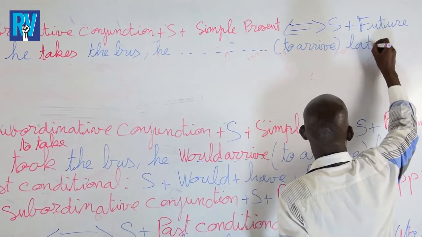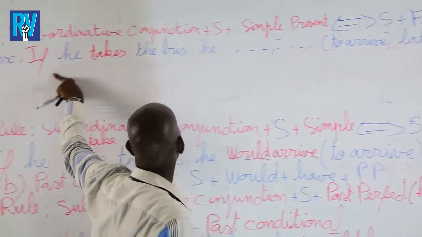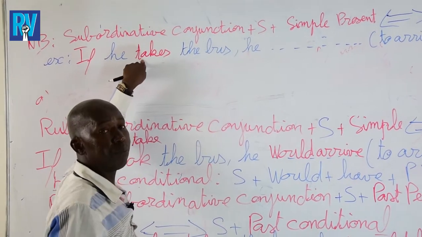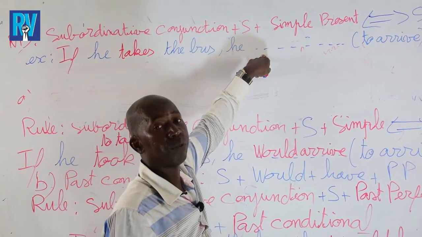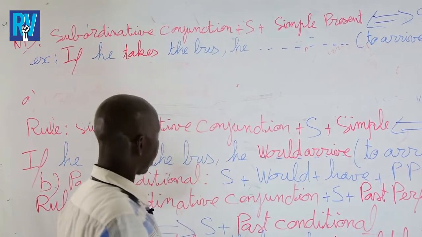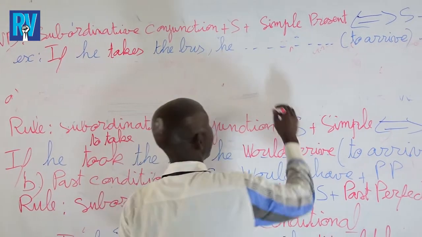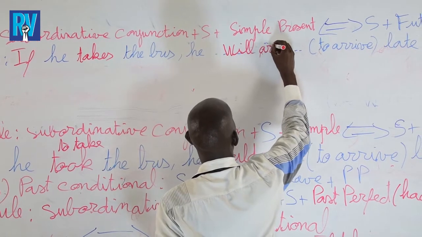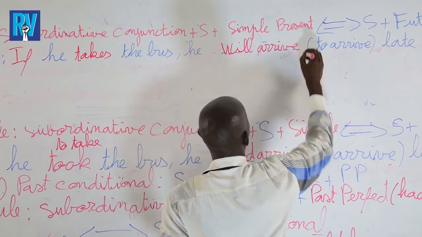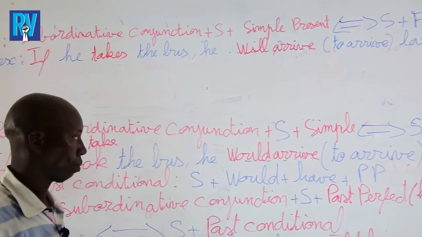Late. So here after the subordinative conjunction subject, I have a simple present. So here I must use the future. If he takes the bus, he will arrive late. He will arrive. He will arrive late.